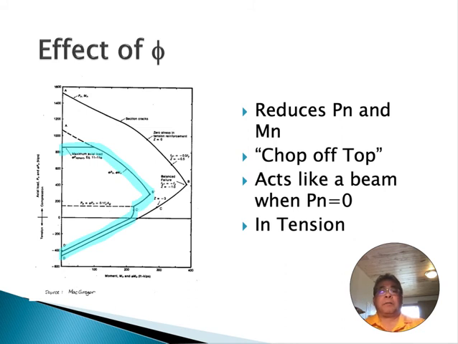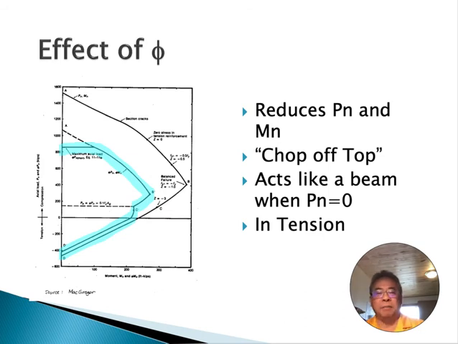And remember, we said there's a minimum eccentricity, so you take, I can't remember the numbers, it was 0.8 off of the pure axial, or what was it, 0.8 off of the pure axial for spiral, and I believe it was 0.75 off of the pure axial for tied.